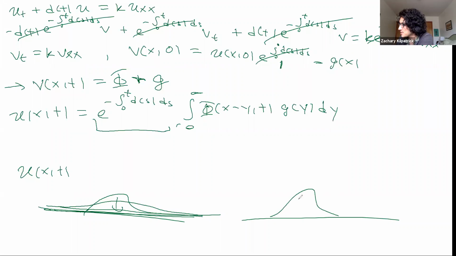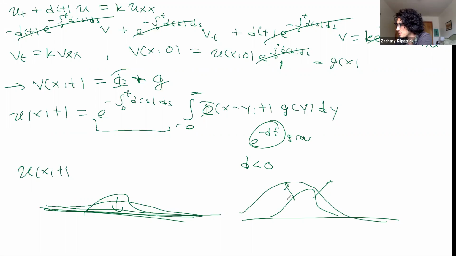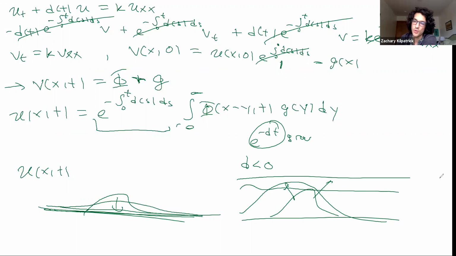In this case, if D is less than 0, then I'm going to have e to the minus Dt. So this thing's going to grow, and this is going to build up over time. You're going to have a smoother and smoother solution over time, but it's going to be just this flat solution that grows towards infinity. So yeah, you don't have boundedness in that case.